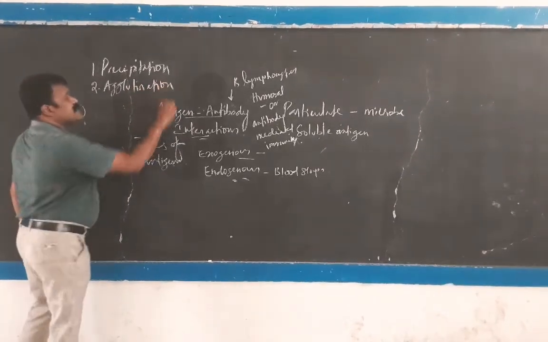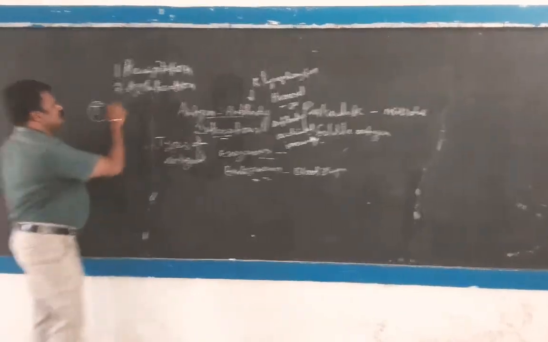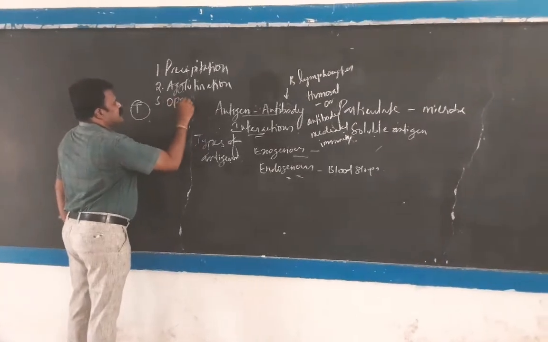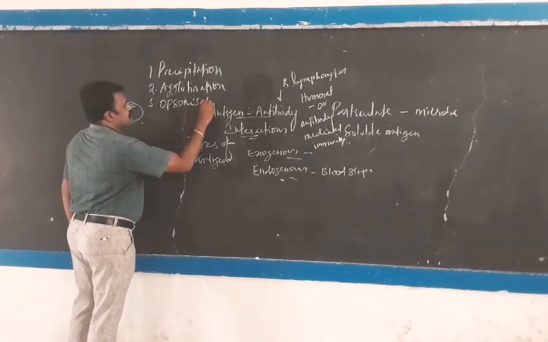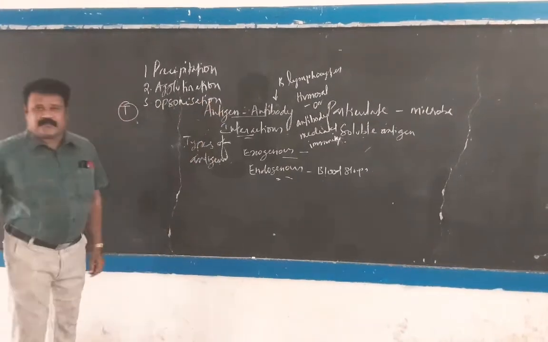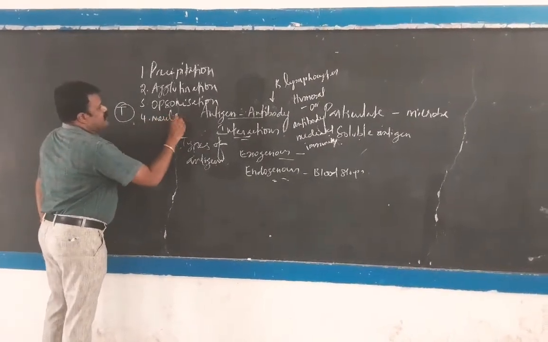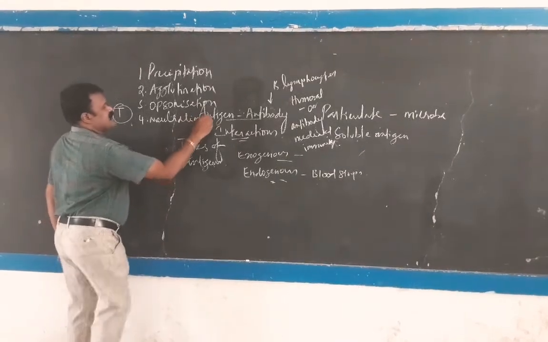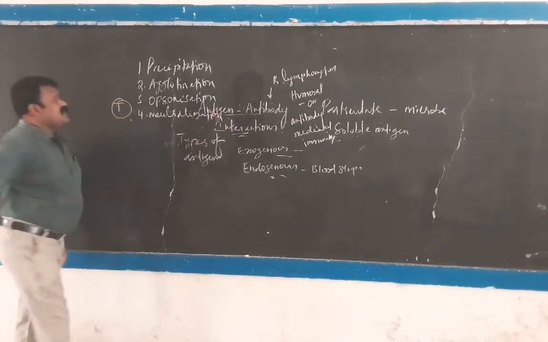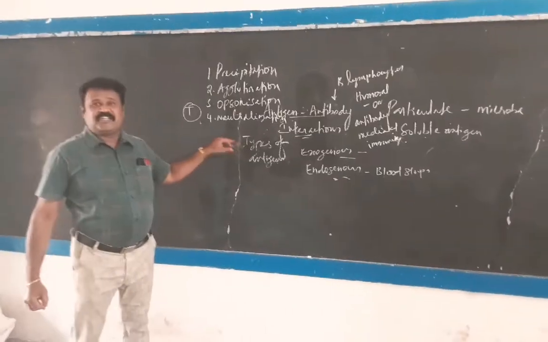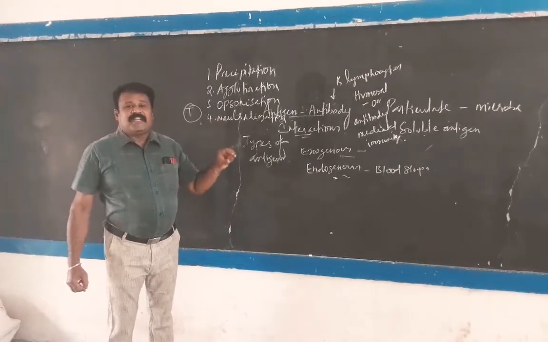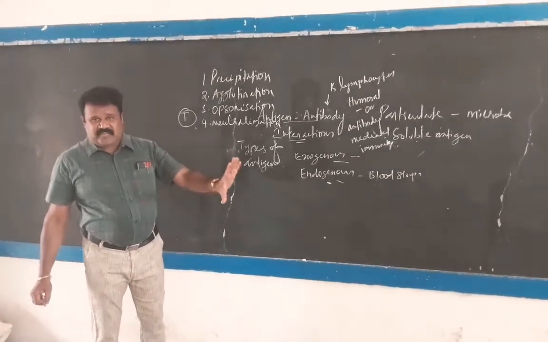Agglutination is the second step. Third step is opsonization. Opsonization is the third step. And the fourth step is neutralization. Neutralization is the fourth step. These are the 4 steps through which an antibody binds with the antigen and destroys it.